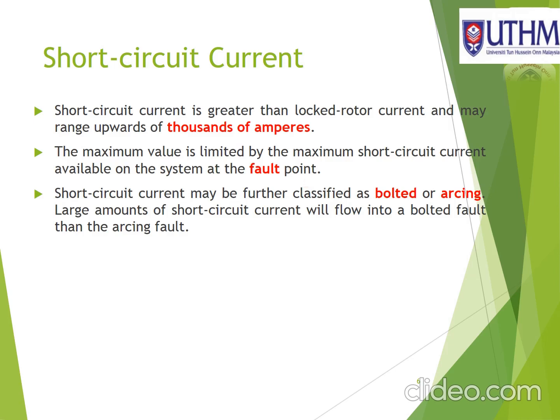This means that short circuit current occurs when a fault happens in the system. Short circuit current may be further classified as bolted or arcing. A larger amount of short circuit current will flow into a bolted fault than an arcing fault.